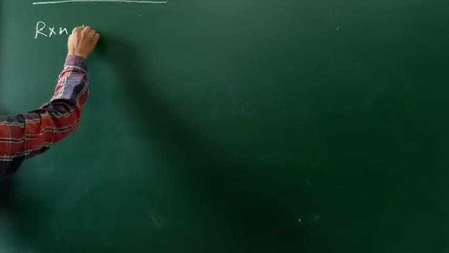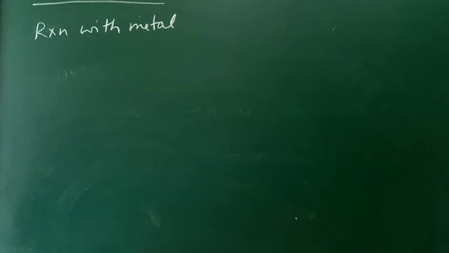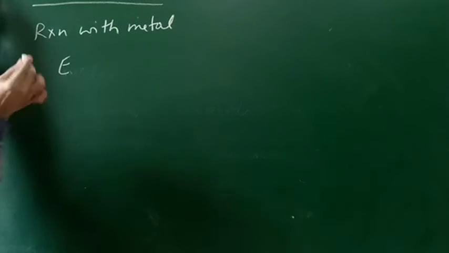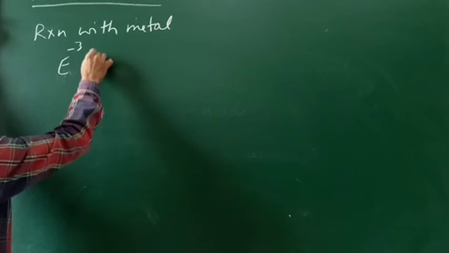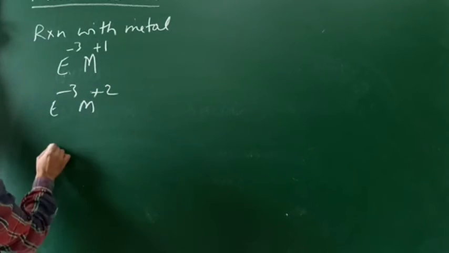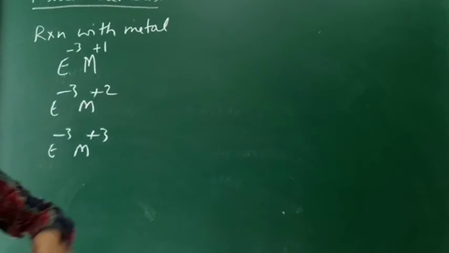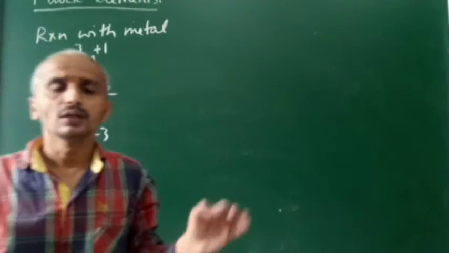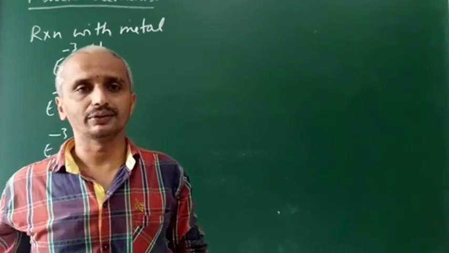Reaction with metal. See, when this group 15 element E bonds with a metal, it should possess the minus sign. The metal may have a +1 state, +2 state, +3 state, etc. When the 15th group element like nitrogen reacts with a metal, it forms a nitride.